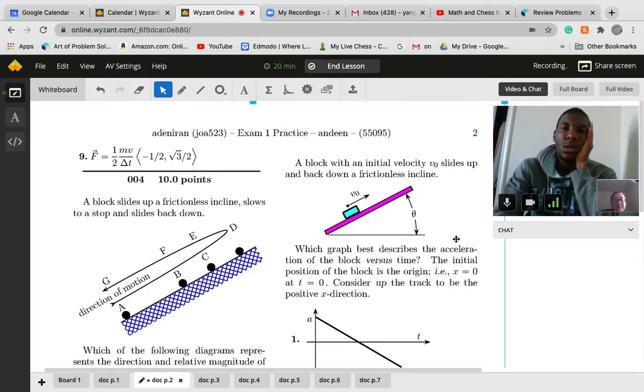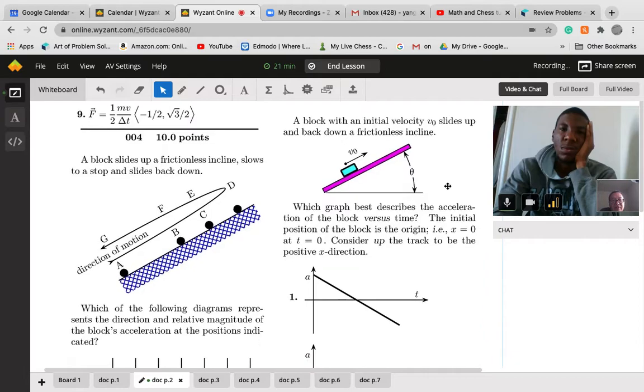It says a block with an initial velocity v0 slides up and back down a frictionless incline. Which best describes the acceleration of the block versus time? The initial position of the block is the origin, x equals 0 at t equals 0. Consider up the track to be the positive x direction.